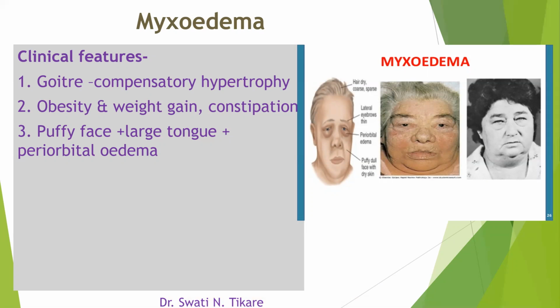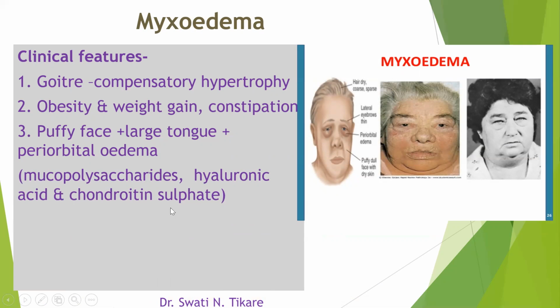And I hope you can recall from the function, for normal hydration of the skin, thyroid hormones were essential. So in the absence of that, you will find a puffy face in the periorbital region. More of these substances are accumulated, and hence they give this periorbital look. You can see here very clearly. Okay, there is a periorbital edema. In addition, there is a large tongue.